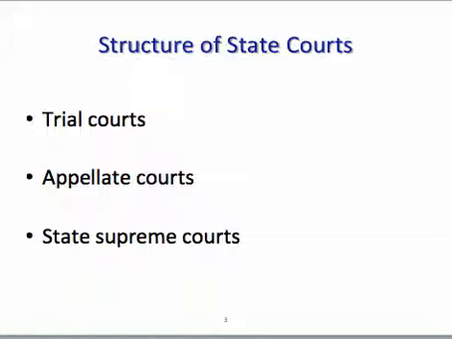But if, for example, your public defender showed up drunk at the trial, you might appeal that decision because you were not given adequate representation. And finally, of course, you have the state Supreme Court, ruling on issues of state law, and an appeal of an appellate court decision would go to the state Supreme Court.